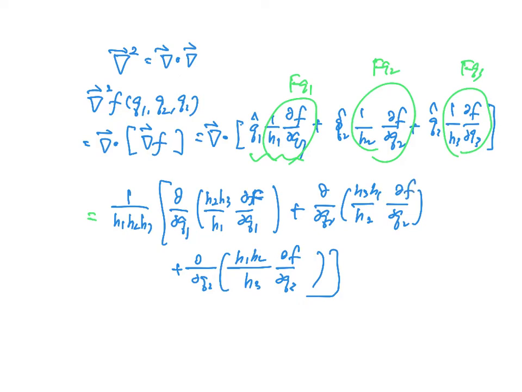So let's just assume that h1 means h q1, h2 is h q2. I'm getting lazy, so I like to reduce the number of letters and subscripts which denote the metric.